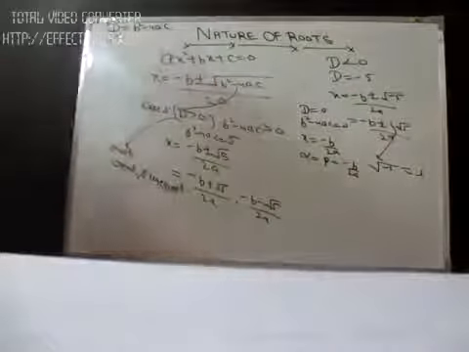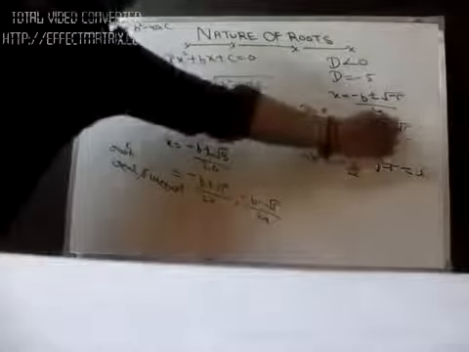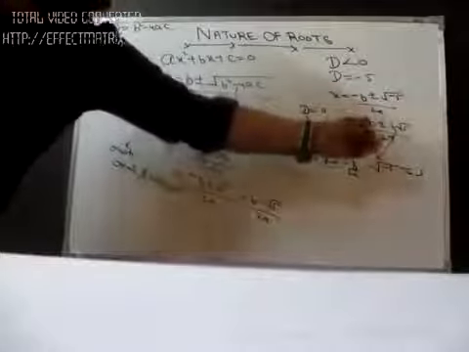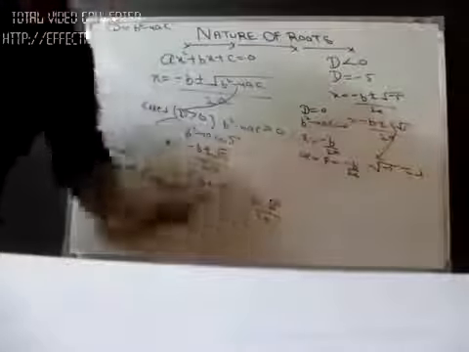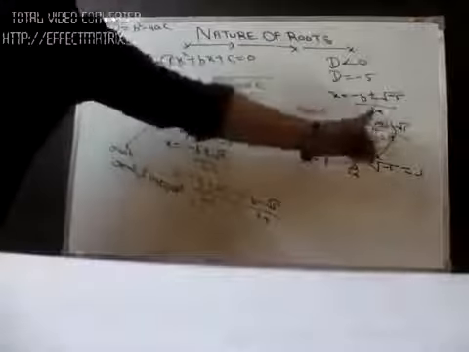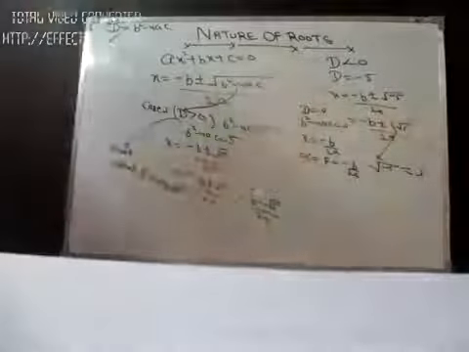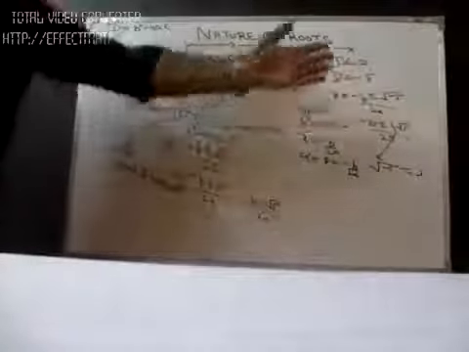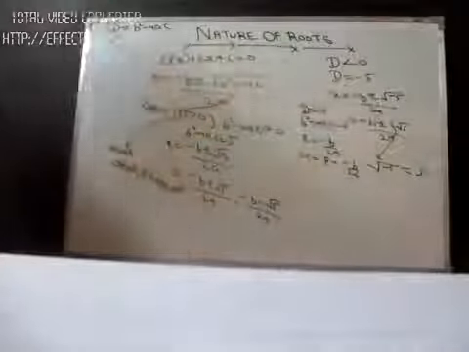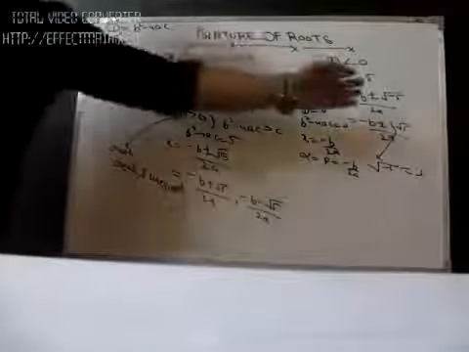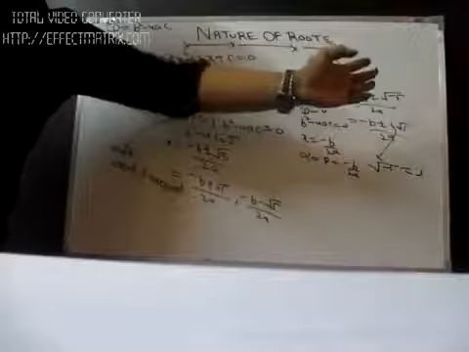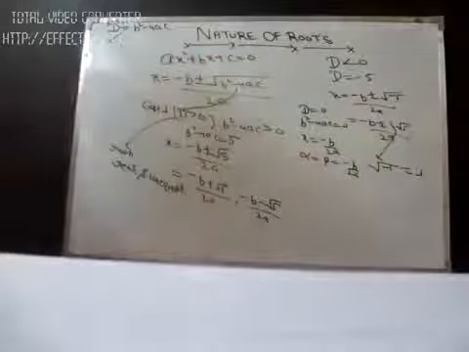So here alpha and beta, the roots of the equation, will be imaginary, but these two roots are still unequal. One root is minus b plus i root 5 by 2a and the other root is minus b minus i root 5 by 2a. So when D is less than 0, roots will be imaginary and unequal. Roots being imaginary means the graph will not cut the x-axis at any point. Neither will it touch nor cut the x-axis at any point.